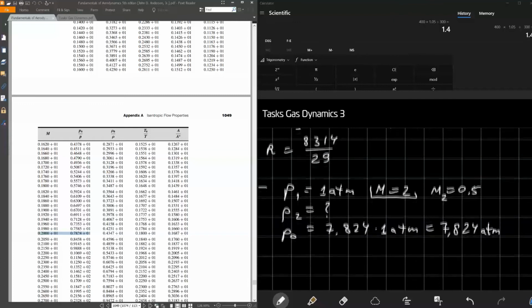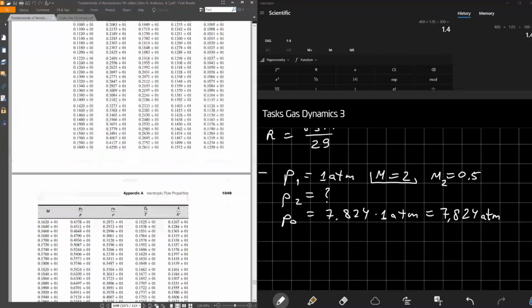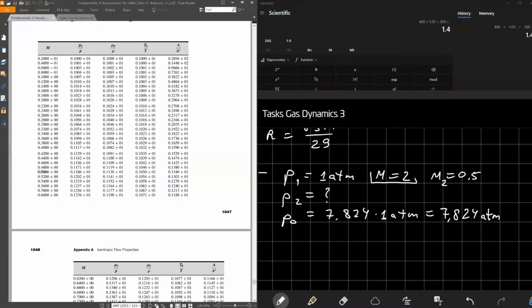Now to calculate P2 is quite simple. I just go to my Mach number 0.5. This is my Mach number 0.5. I see the pressure ratio is 1.186. So P0 divided by P2 is a function of Mach number 2 and equal to 1.186.